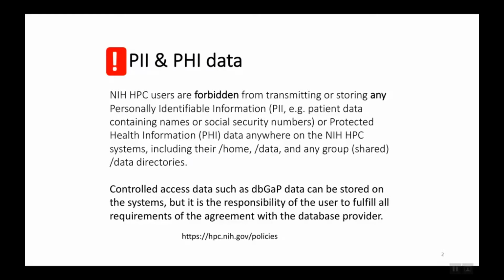PII and PHI are defined by NIH policy, which users should be familiar with from the annual security and privacy training. Controlled access data, for example, data from dbGaP or the UK Biobank, is permitted to be stored on the HPC system storage.